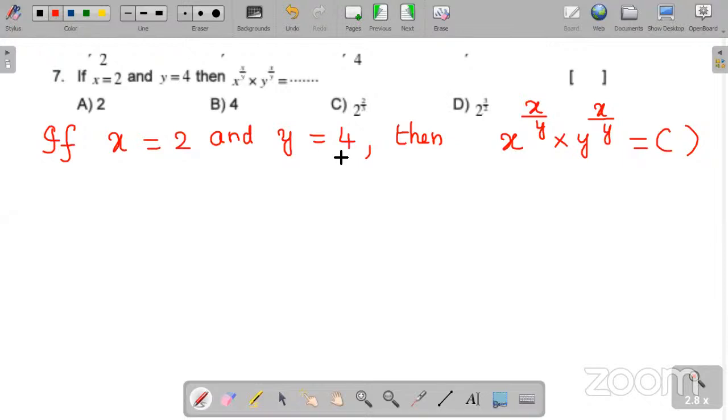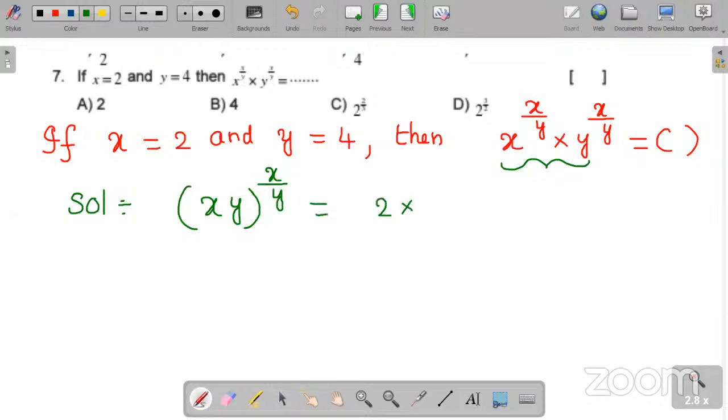See. So now this can be written like this. How do we write it for our convenience? xy to the power of x upon y we can write. Substitute here. X means 2, Y means 4. And also X means 2, Y means 4. See, 2 4 ja 8.